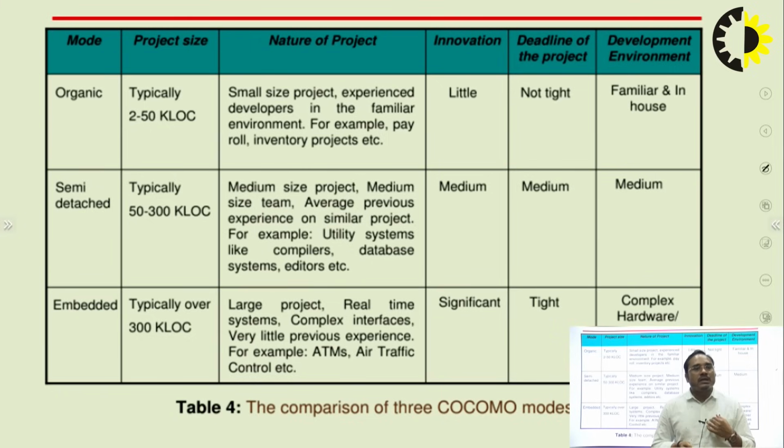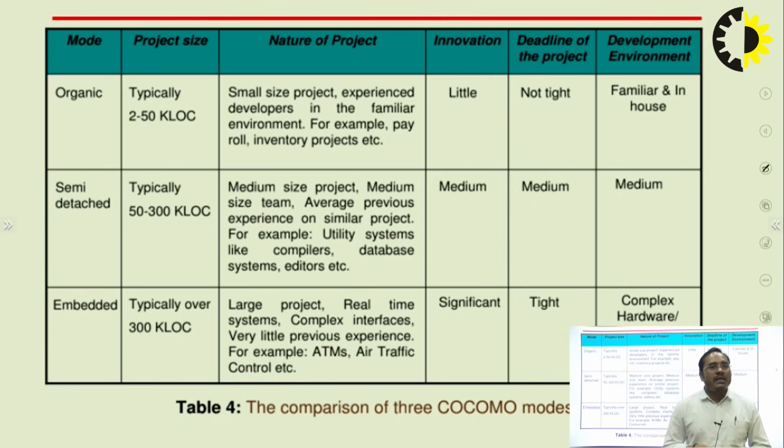Now move to the third one, called the embedded model. The embedded model is basically used for large size projects, with a project size of around 300,000 lines of code. This model is used for ATMs, air traffic control, and many other large applications.